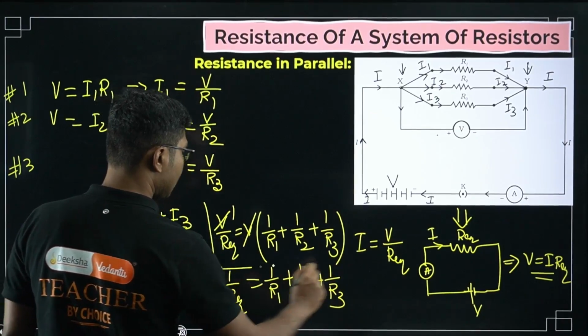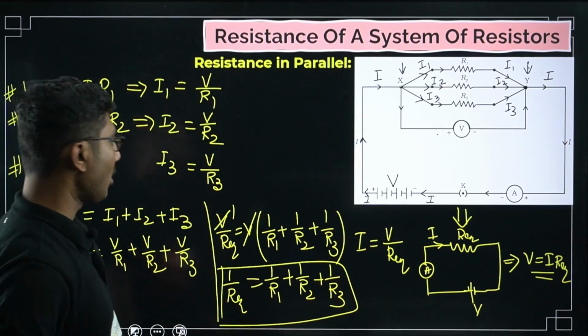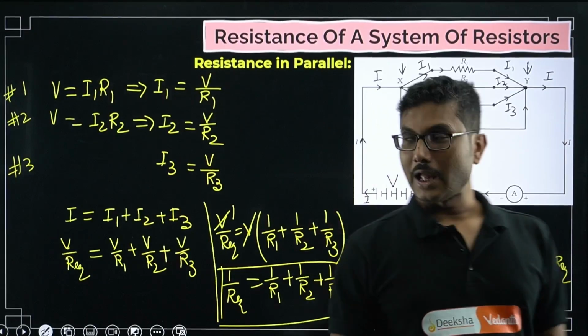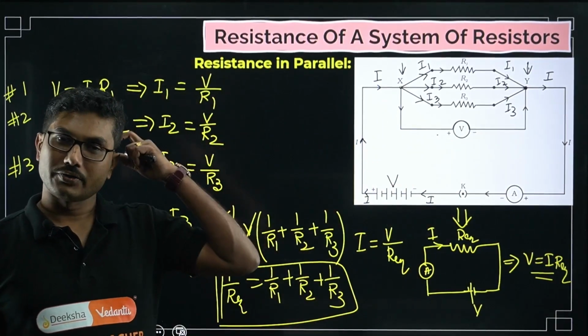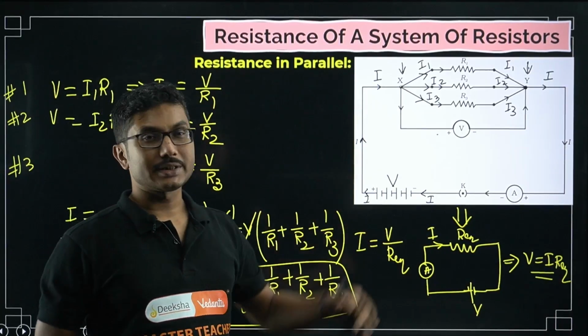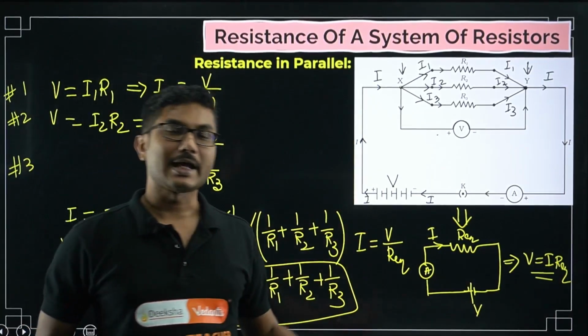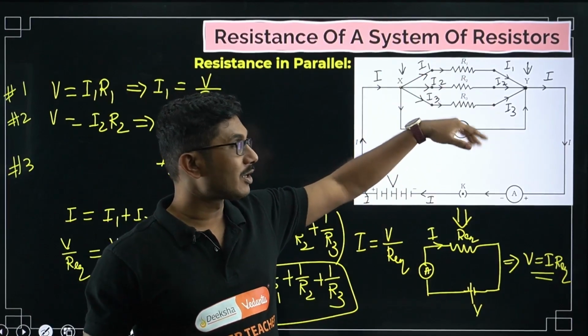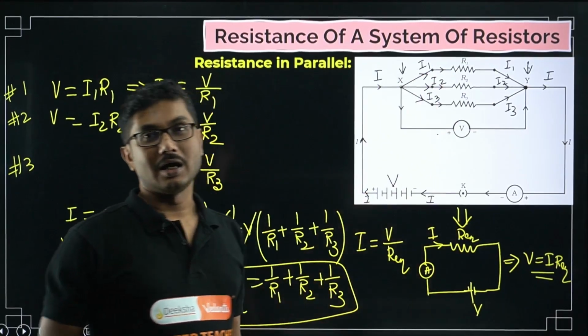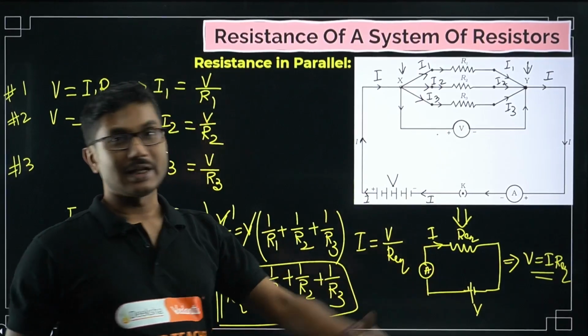So this is the parallel combination of resistances. Now as I said, this combination is not restricted to 3 resistances. It can be 2 resistors, it can be 5 resistors, it can be 100 resistors. No matter how many resistances are connected in parallel, you have to add everything like this.